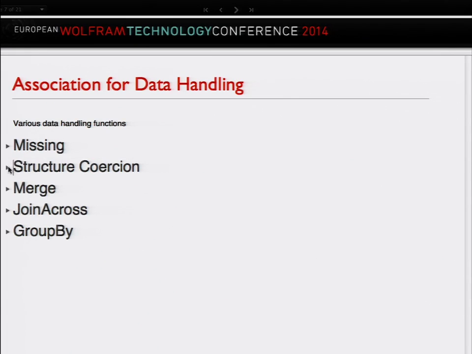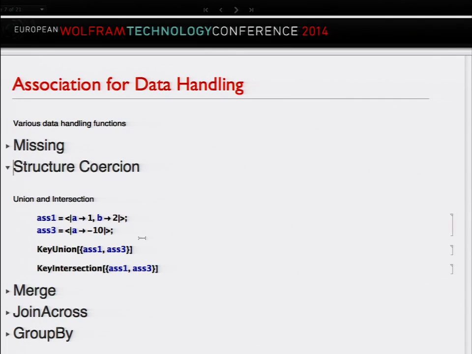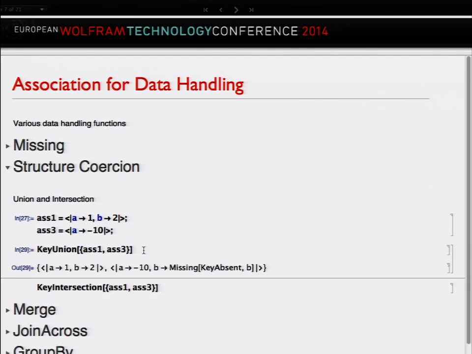Now, here are some other useful functions for working with collections of associations. I've got an association that has an A and a B, and I've got one that has just an A. There's a useful function called AssociationUnion, which coerces all of the associations to have the same structure.